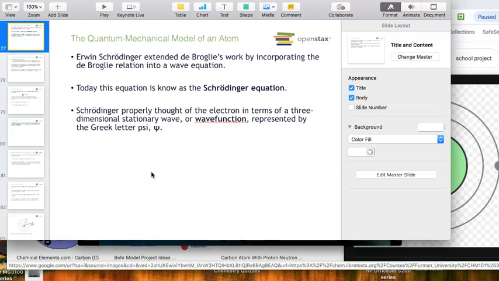Next, we're going to talk about the quantum mechanical model of an atom. Schrödinger extended de Broglie's work by incorporating the de Broglie relation into a wave equation. Today, this is known as the Schrödinger equation. The Schrödinger equation properly thought of an electron in terms of a three-dimensional stationary wave, or wave function, represented by the Greek letter psi.